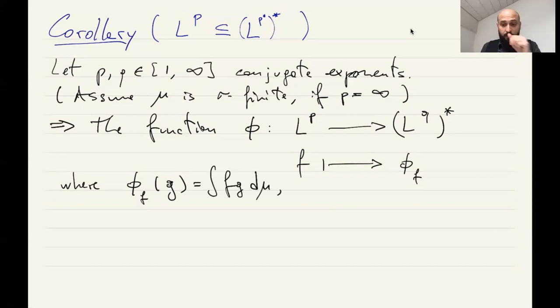This should be similar to what we're doing in the case of Hilbert space, considering the scalar product. But now we're taking some kind of strange scalar product between an element in L^p and an element in L^q.